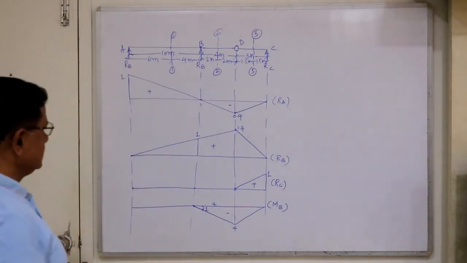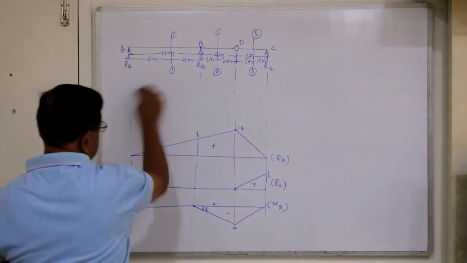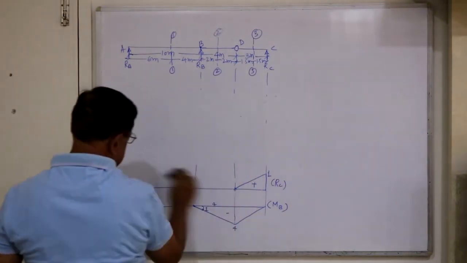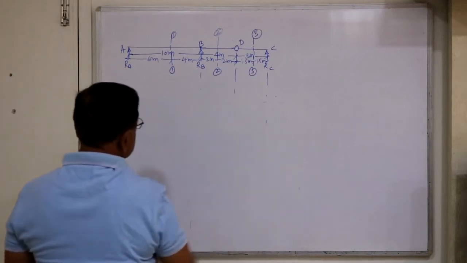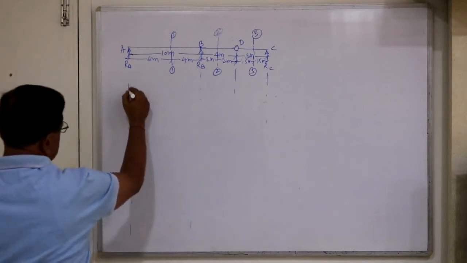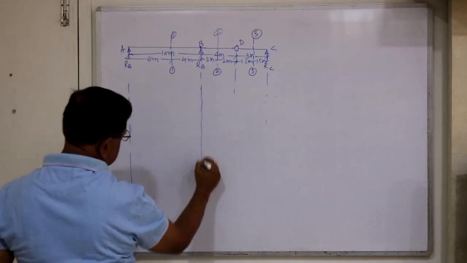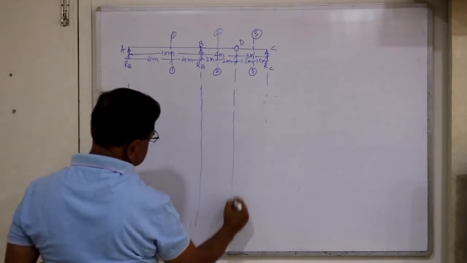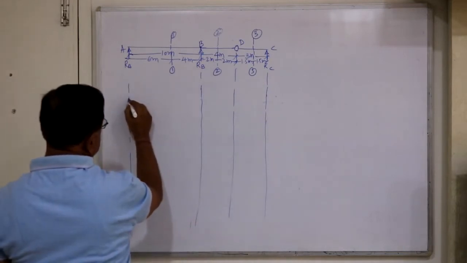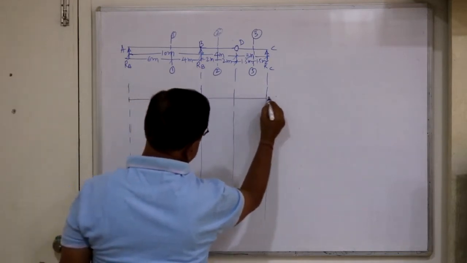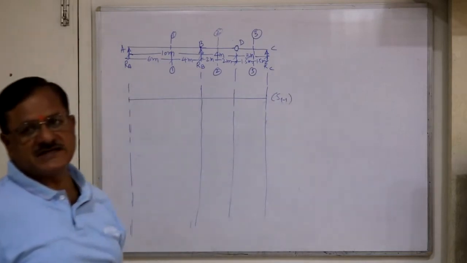Now let's consider these 3 sections and draw ILDs, influence line diagrams. So first of all let's learn the construction of influence line diagrams. How to use them, that we will see later on. So this is S11, shear force at 1.